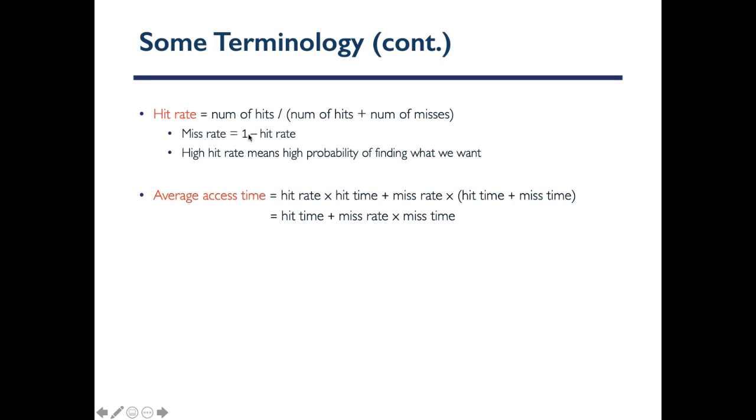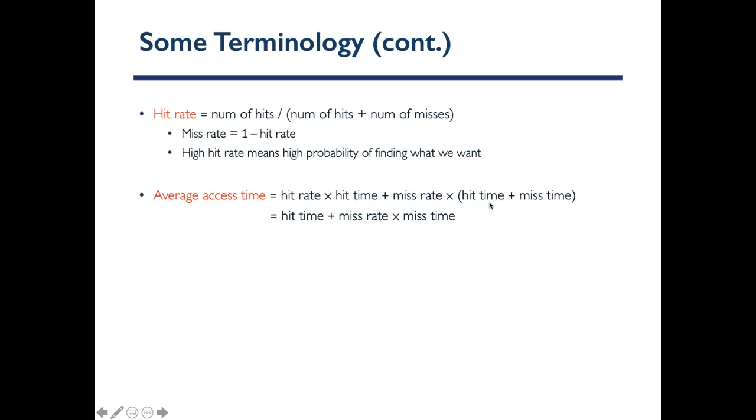Then you have average access time, which, with this hit rate being the probability that you hit, works like this. If you hit in the cache, the cost would be just the hit time to access your data. If you miss in the cache, if you cannot find your data in the cache, you've already spent the hit time because you already have searched your cache.